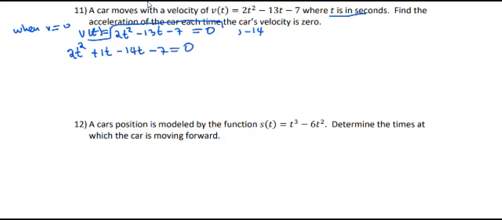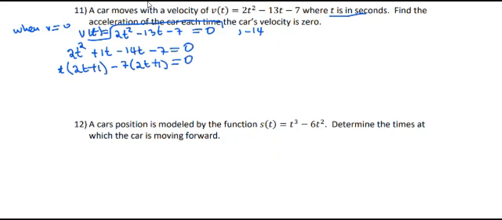Because if you multiply 1 and negative 14, you get negative 14, and if you add them, you get negative 13. Then we could factor out a t from the first two terms, and we get t times 2t plus 1. And then if we factor out a negative 7 from the second two terms, we get negative 7 times 2t plus 1.